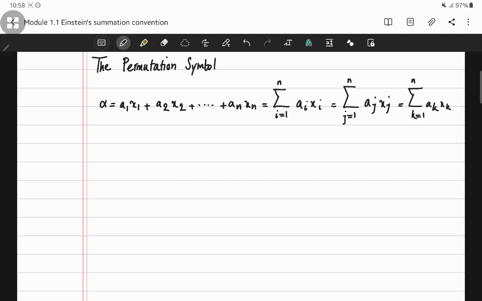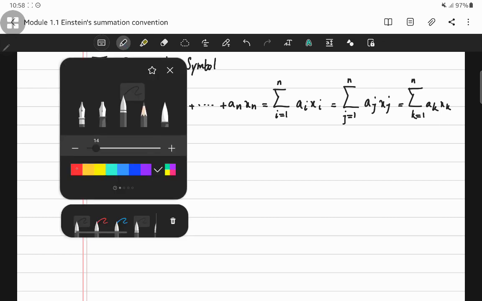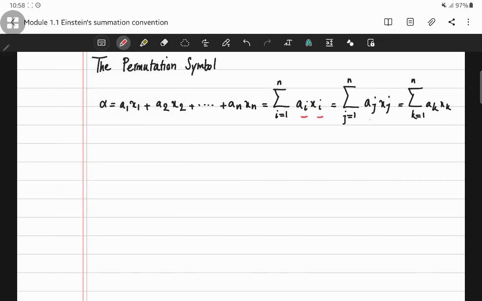We call these subscripts, I here, J here, and K here, dummy indices, or right here, a dummy index.